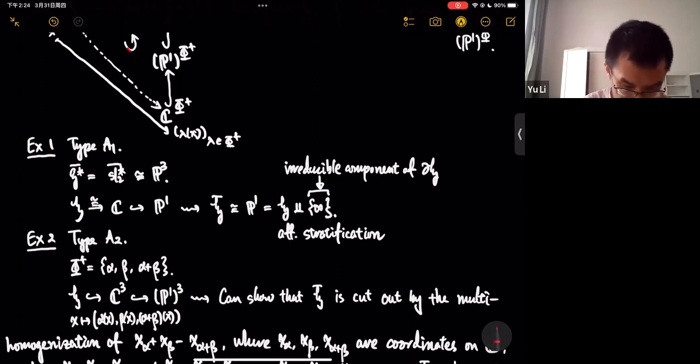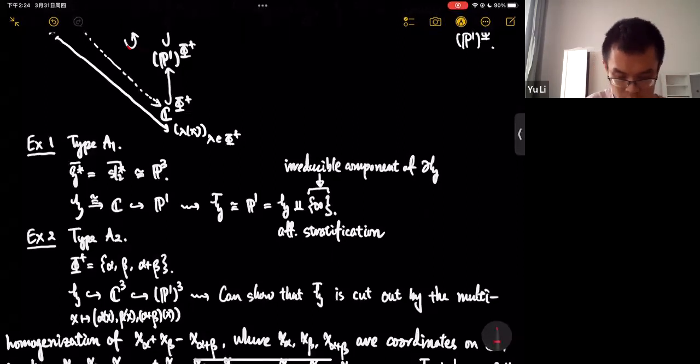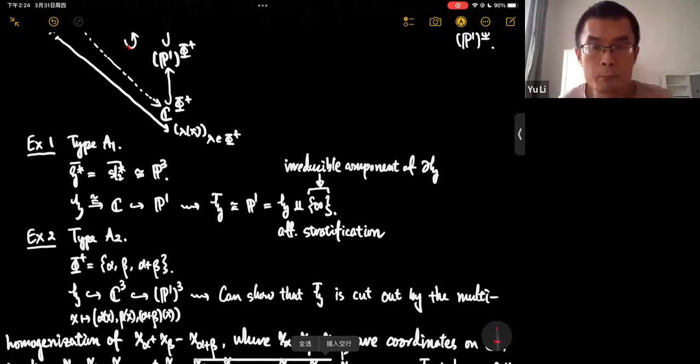So, back to our example in type A1. H goes to C and C goes to P1. So the closure of H is the closure of H inside the closure of C inside P1, so it's just P1.